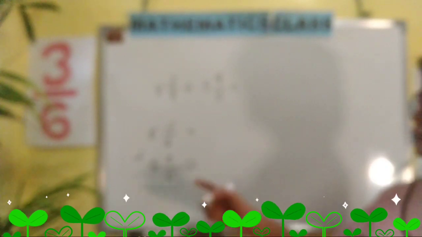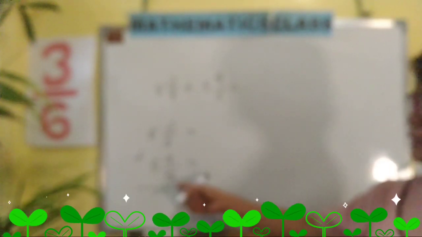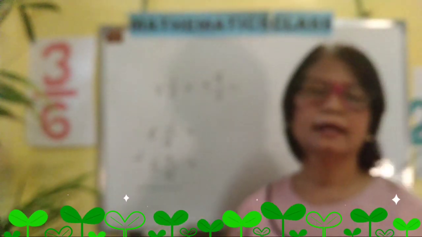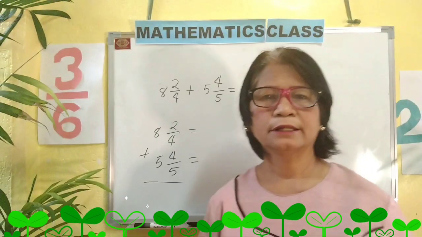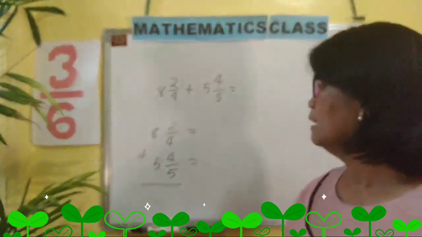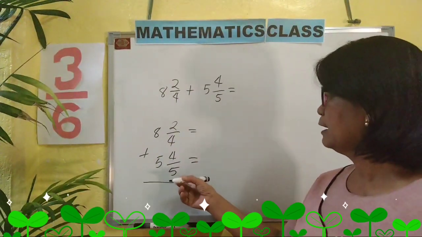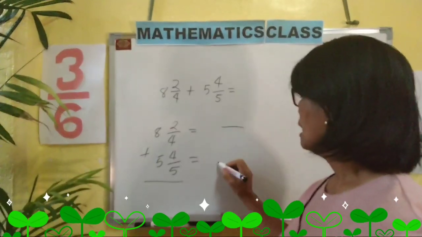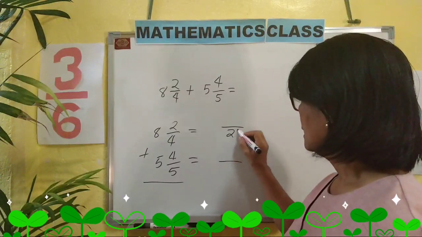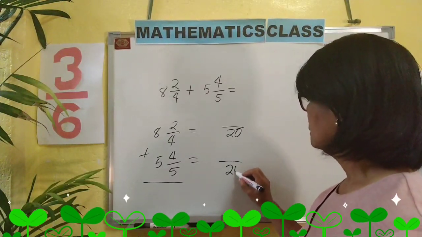First, we have to find the LCD. What is the LCD for 4 and 5? As we did before, we multiply the number by another number to get the common multiple. The common multiple of 4 and 5 is 20. 20 is our LCD.